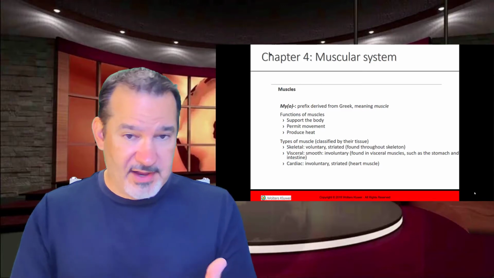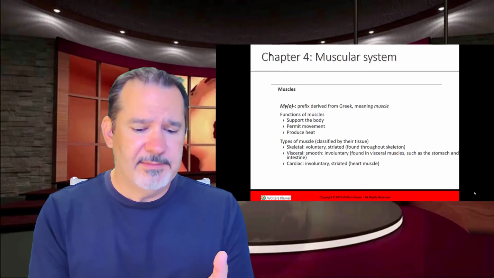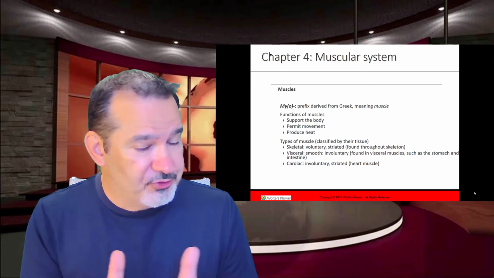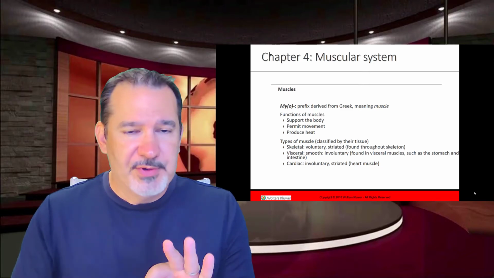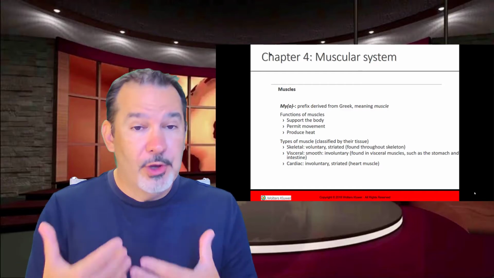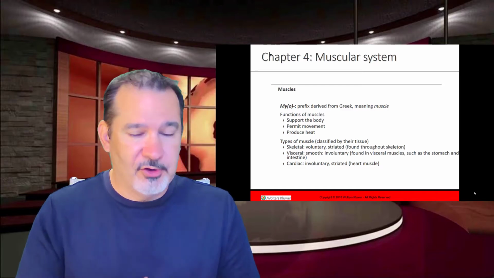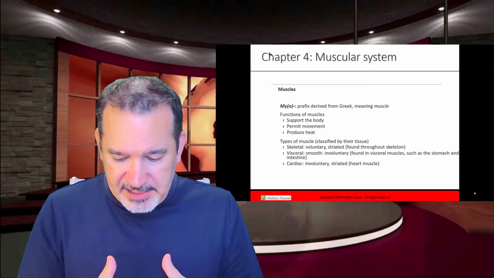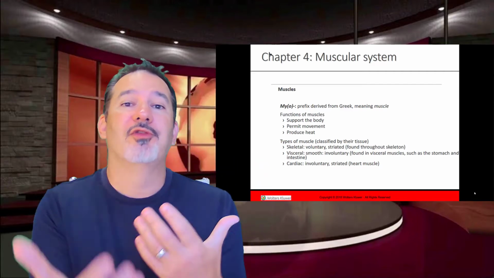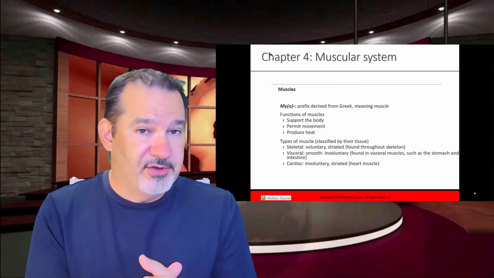What do muscles do? Well, they provide support for the body. They permit movement or range of motion. And muscles produce heat. There are three different types of muscles. One is voluntary, which means controlled at will. So we tell the body to do things like move body parts or talk with my hands. Those would be skeletal muscles.